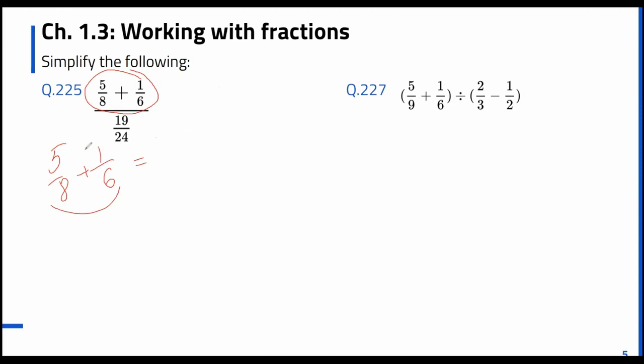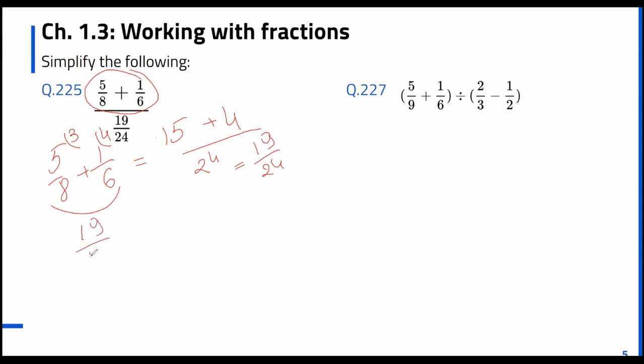It is 24, I suppose. Yeah, we should have 24. To have 24, we need to multiply 8 by 3 and 6 by 4. If we multiply, the numerator will have 15 here, and here we will have 4. So here we will have 24. So we will have 19/24.